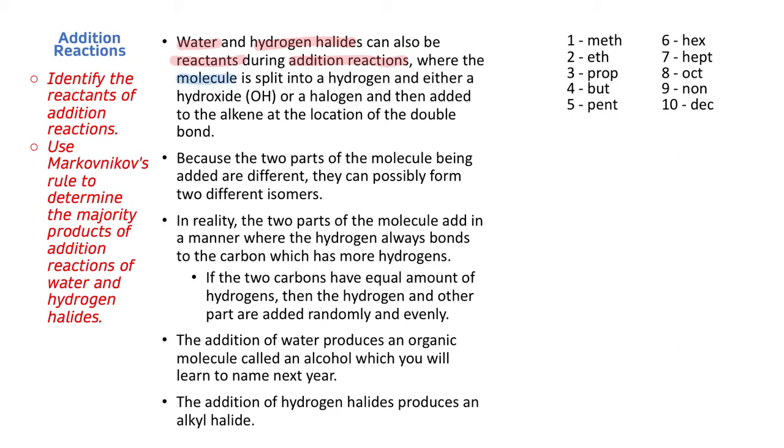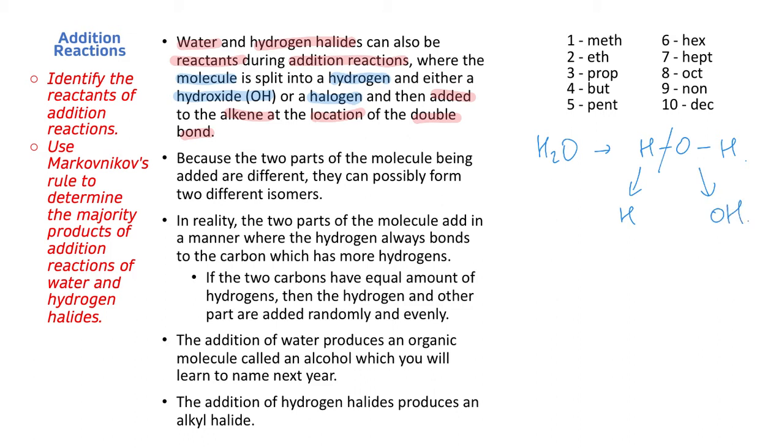The molecule that's being added, the water or a hydrogen halide, is split into a hydrogen and then either a hydroxide if you're using water, or a halogen if you're using a hydrogen halide, and then added to the alkene at the location of the double bond, which is exactly the same as the last addition reaction. So let's take a water molecule, H2O, which is in theory just an H, an O, and an H. You split it that way and add a hydrogen to one side and an OH to the other side.